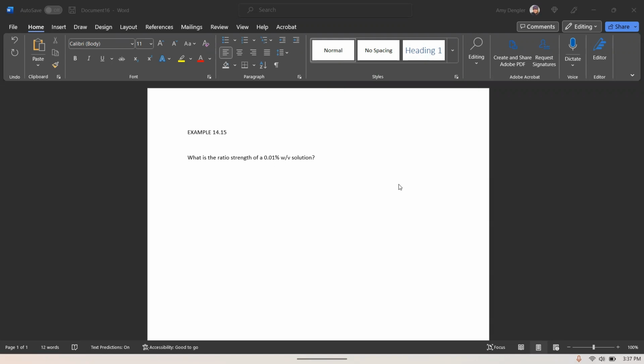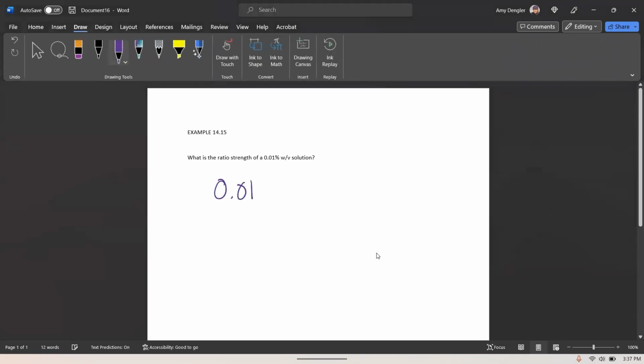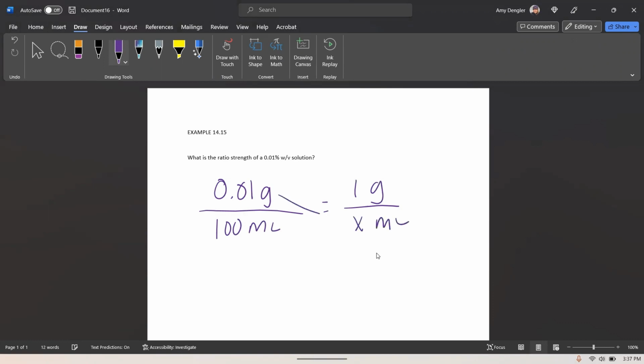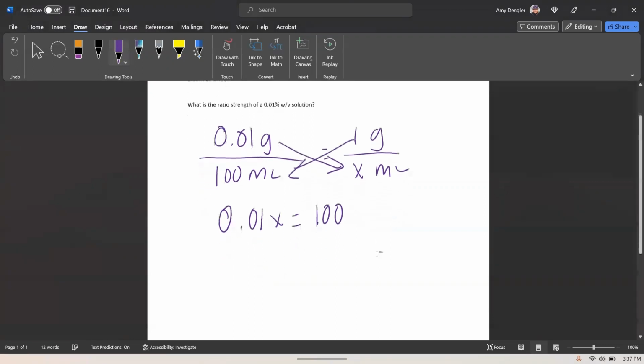What is the ratio strength of a 0.01% weight volume solution? So we know our 0.01 is going to be grams over 100 ml, just like in the last example. And up here is going to be 1 gram. We just need to figure out this part to find out our ratio strength. So 0.01x is equal to 1 times 100, which is 100.